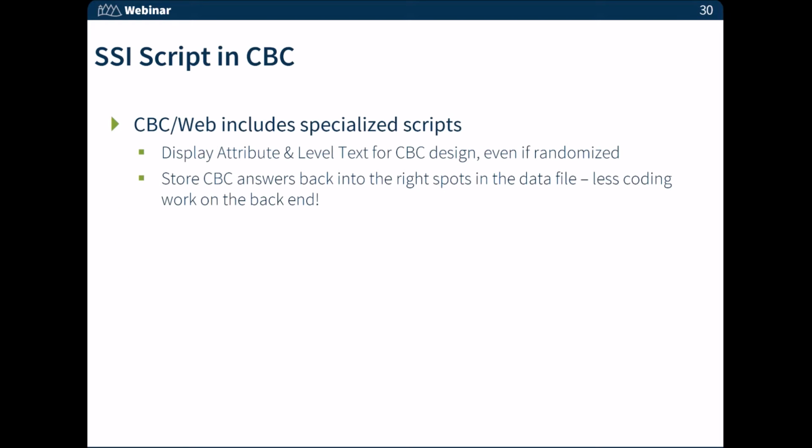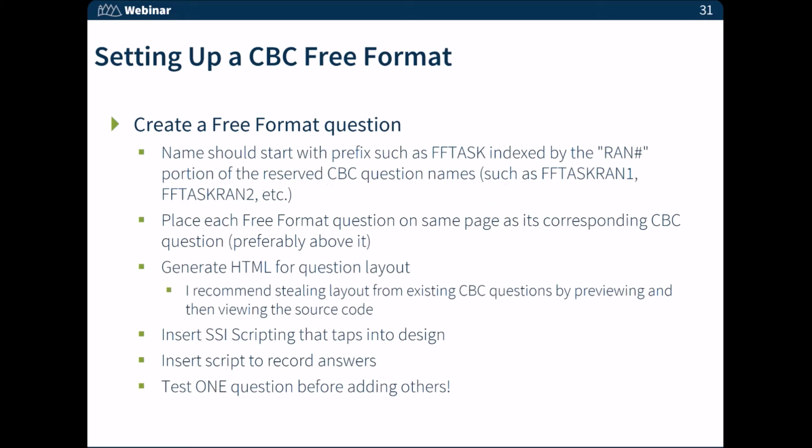So CBC Web, or Lighthouse Studio, includes the ability to display the attribute text and the level text for the CBC design. You can recall the numbers of the attributes and levels. So if you're writing some custom script, you can grab a lot of data that way. And it allows you to store the CBC answers back into the right spots in the data file, so you can run your analysis like you normally would.